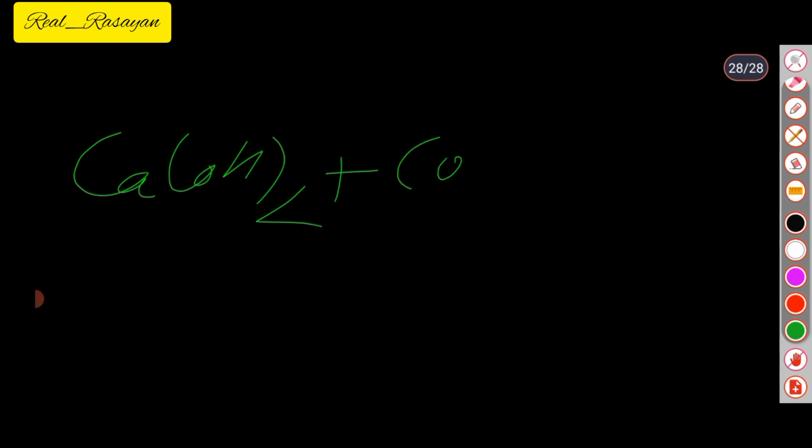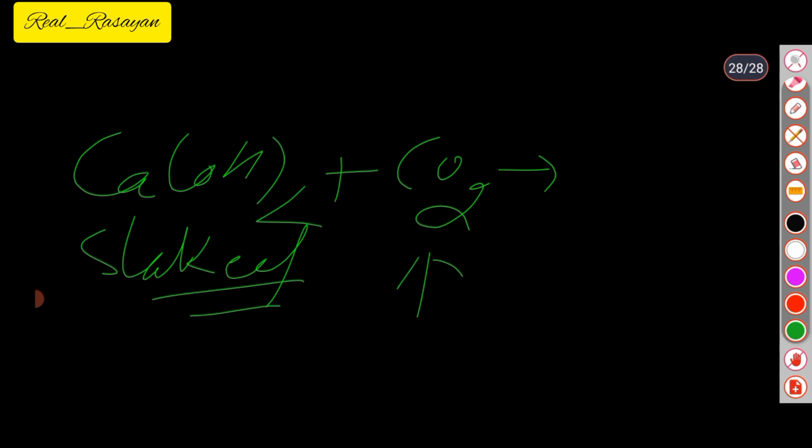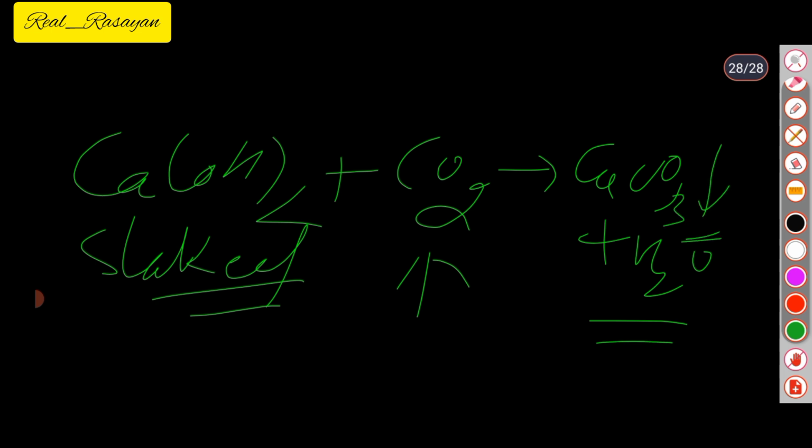Next question is, what will be the product? This is slaked lime or lime water. By passing carbon dioxide gas, this will give CaCO3 plus H2O. This can be a precipitation reaction because calcium carbonate will get precipitated and it is white in color.